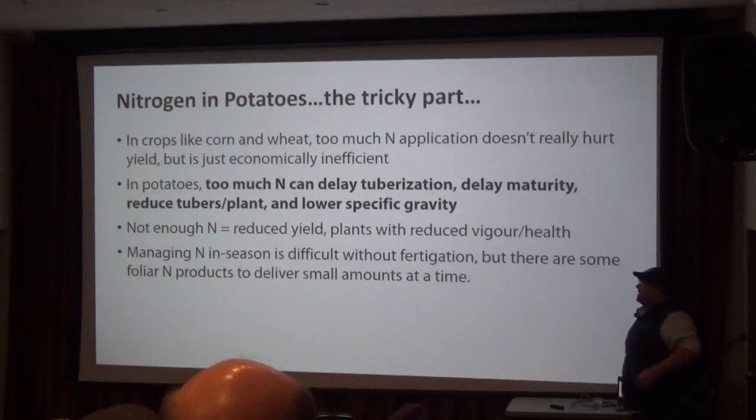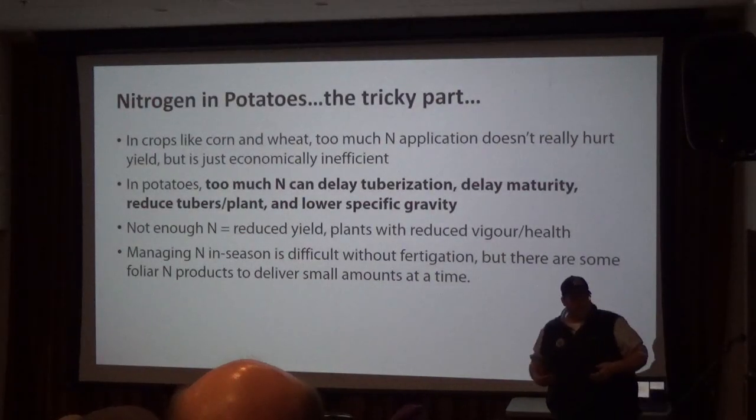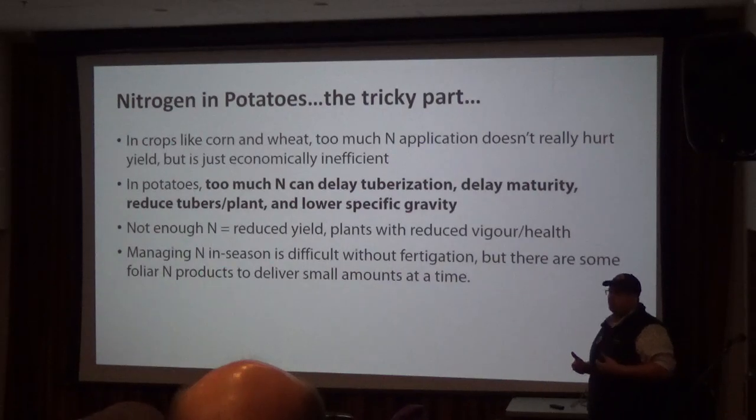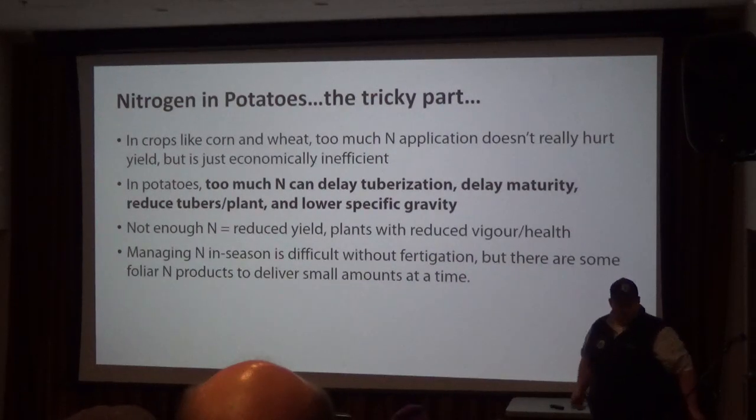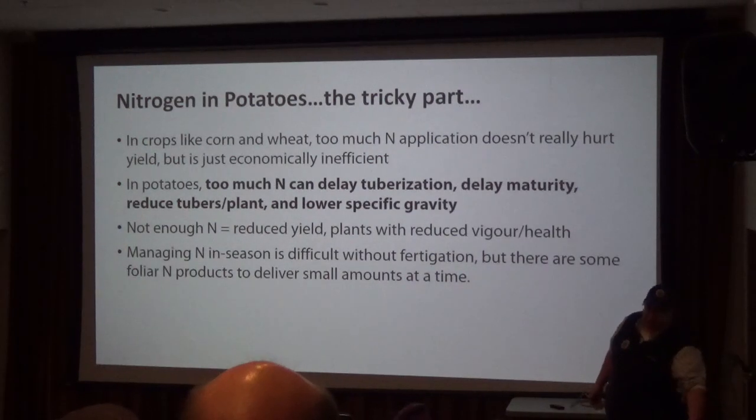nitrogen. In some crops like corn and wheat and a few others, if we over apply nitrogen, it agronomically usually doesn't affect us as much as it does in potatoes. So if I put too much nitrogen on my corn, it's just money I wasted. It's nitrogen I didn't need, but it doesn't usually set back the crop very much.